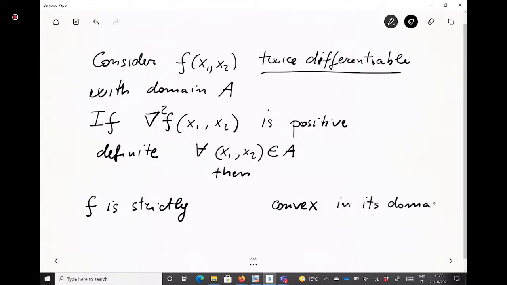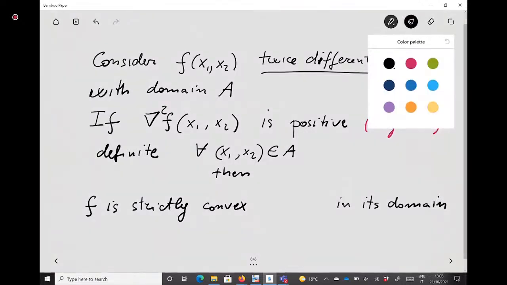Why are there blank spaces in the definition? Just because if it is negative definite, then it is, sorry, that convex should go here, the convex, respectively, concave.